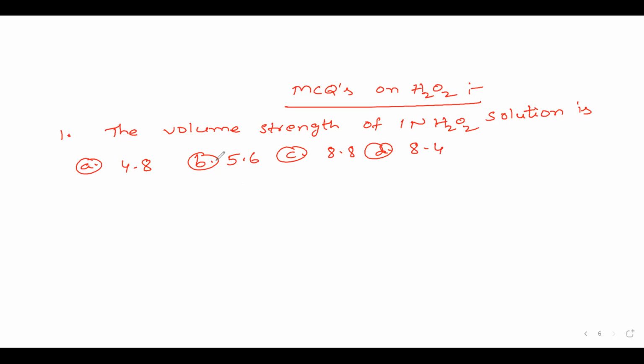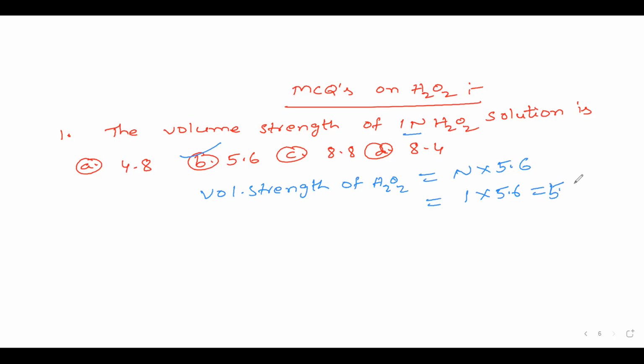The answer is 5.6, because the volume strength of hydrogen peroxide is equal to normality into 5.6. So the answer is 1 into 5.6, because they have given 1 normality, which is equal to 5.6. That's all.